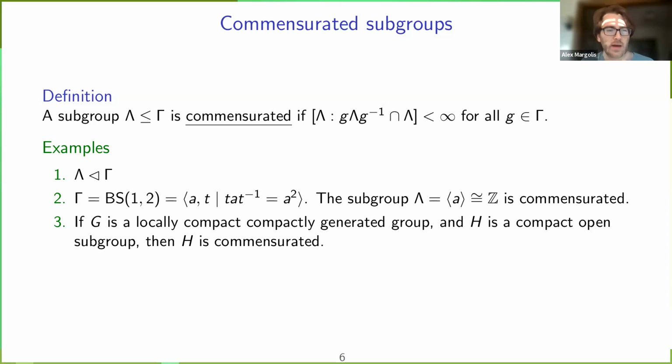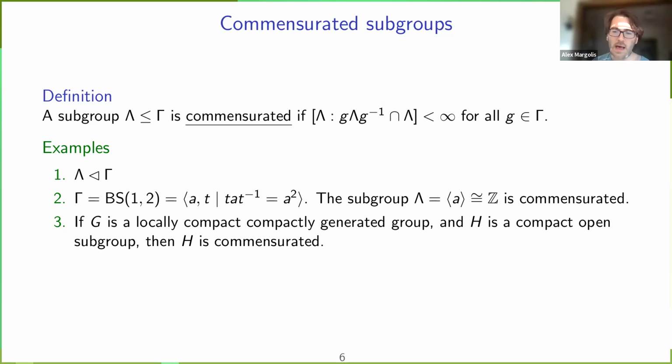And another example, which again motivates some of the ideas that go into the main theorem I'm going to talk about. If we have a locally compact, compactly generated group, and we have a compact open subgroup, then that subgroup is always commensurated. And this is fairly easy to see. It's an elementary topological argument.